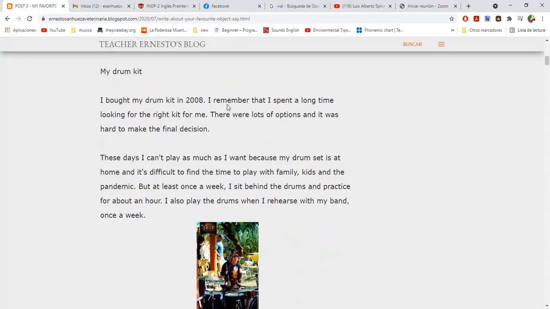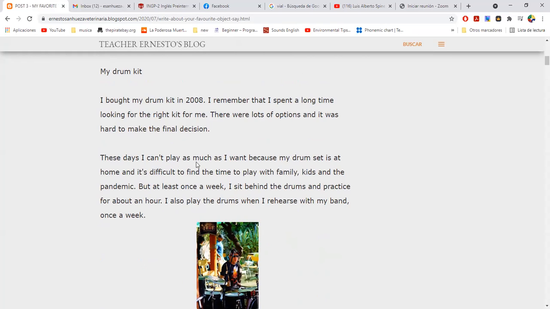I bought my drum kit in 2008. I remember that I spent a long time looking for the right kit for me. There were many, many options, and it was hard to make the final decision.